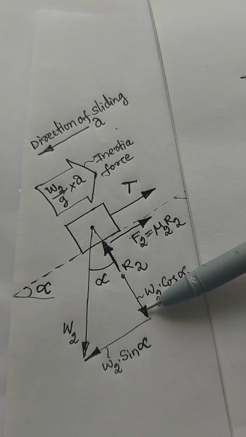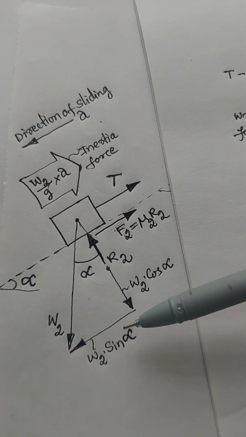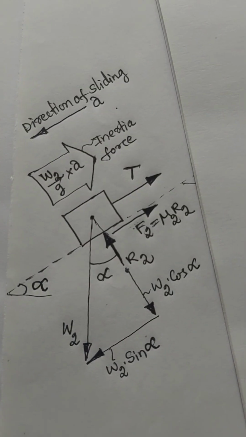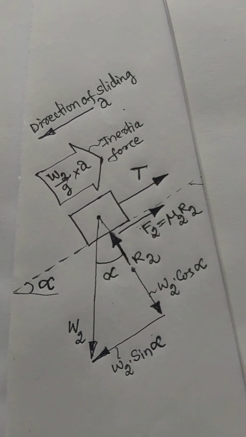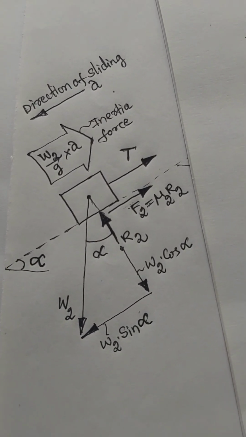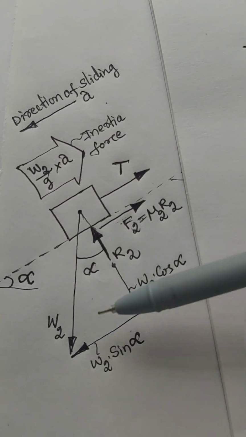W2 sin alpha is directing along the direction of sliding, so we consider this as positive. From this free body diagram of block W2, only one force, W2 sin alpha, is positive.